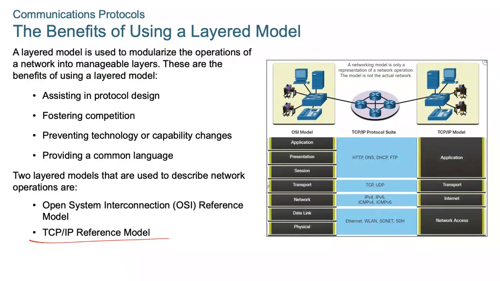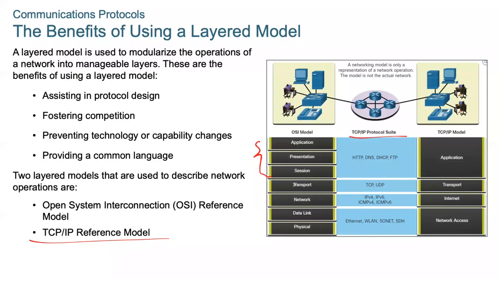In the TCP/IP reference model, there are 4 layers in the TCP/IP protocol suite. In this protocol suite, the upper layers, that is the application layer, presentation layer, and session layer, are clubbed together as the application layer only.